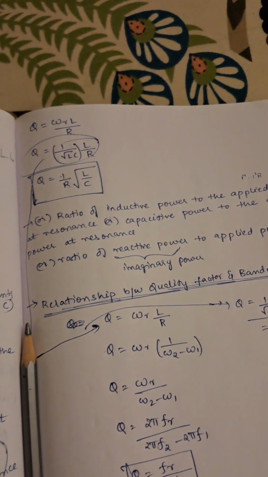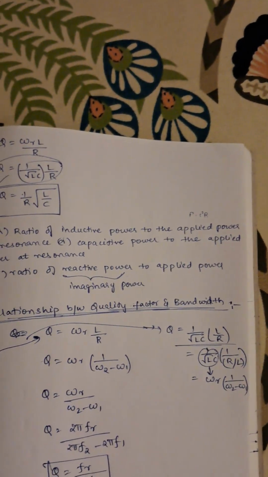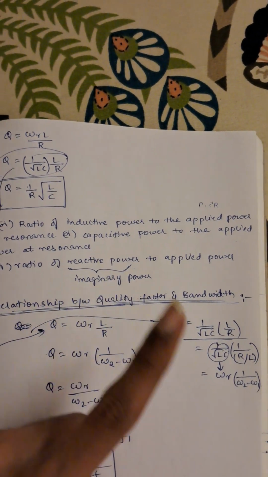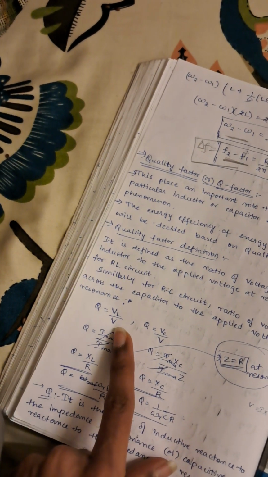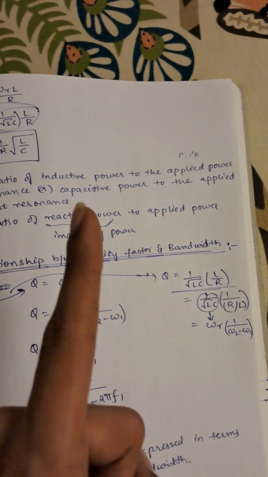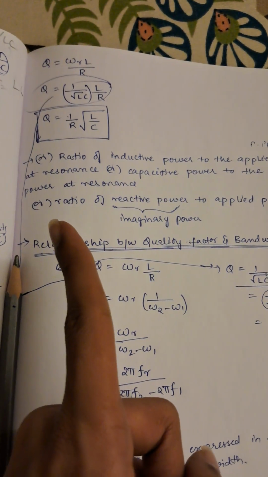This is Q. You can also define quality factor as the ratio of the inductive power to the applied power, the same as inductive voltage to the applied voltage. It is the inductive power to the applied power at resonance, or the capacitive power to the applied power at resonance.